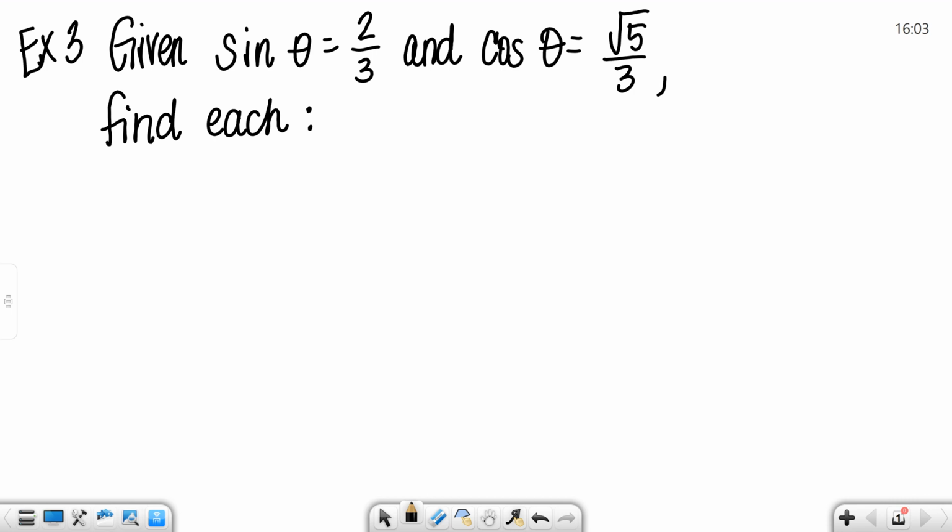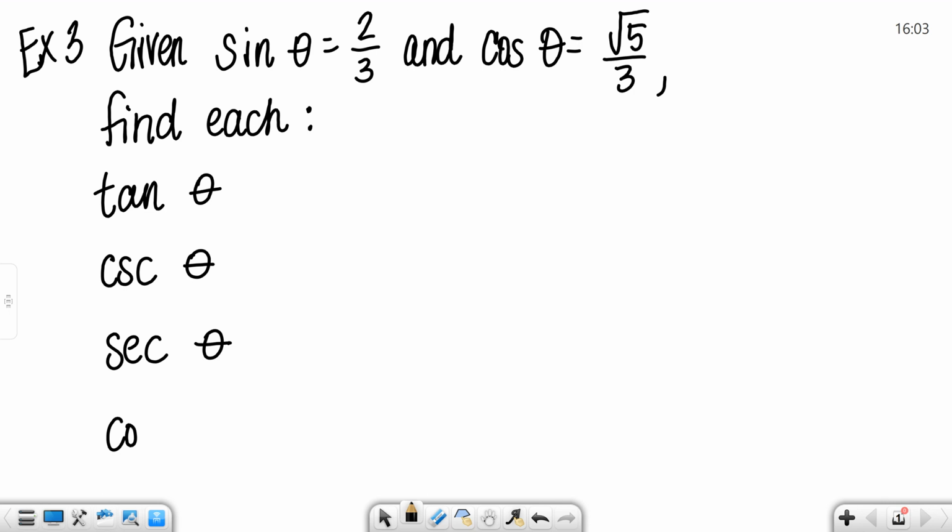So we've got sine and cosine up here. That means we're asked to find the tangent, the cosecant, the secant, and the cotangent. That would be the 4 that are remaining. So we've got to find all 4 of these. Let's see how we would do that.